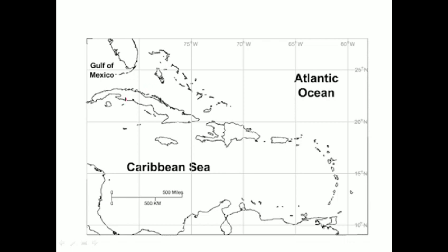Here we have, as I said, the crocodile shape, Cuba. And here we have Haiti, and this part is Dominican Republic. Together they are called Hispaniola. Next here we have Puerto Rico. And here we have Jamaica.